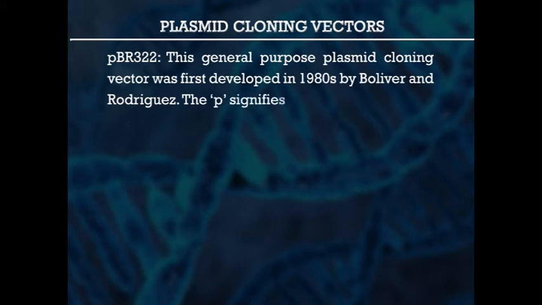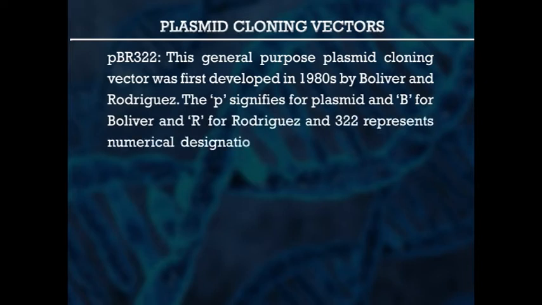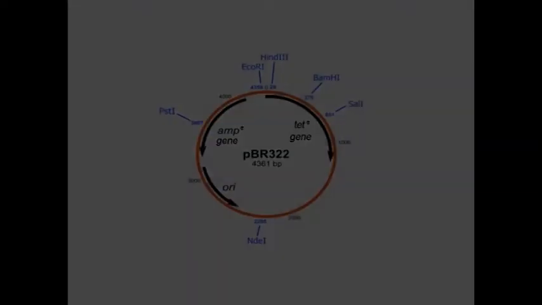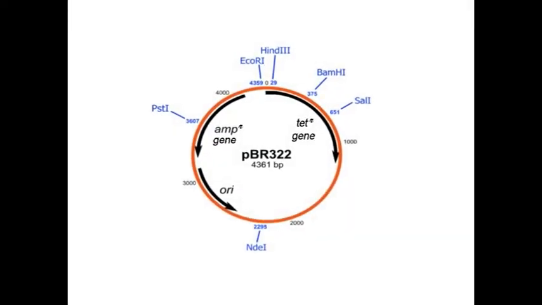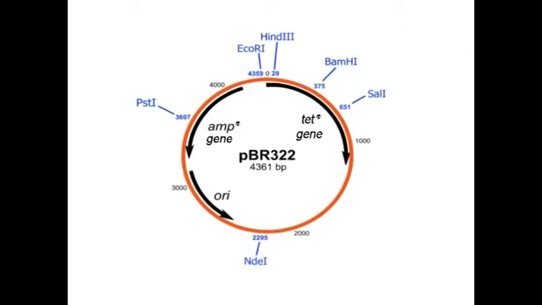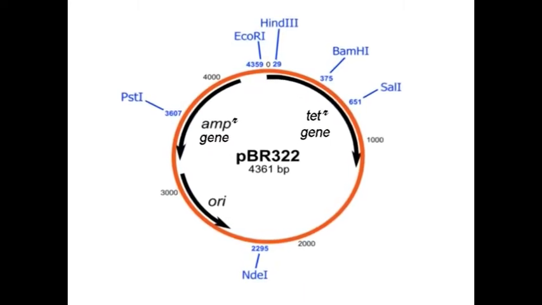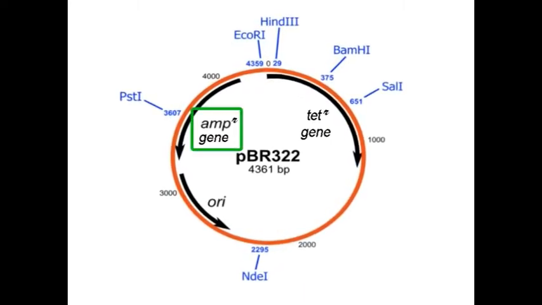The p signifies plasmid, B for Bolivar, and R for Rodriguez, and 322 represents a numerical designation that has relevance to the workers. pBR322 has a size of 4361 base pairs and carries two antibiotic resistance genes. One gene confers resistance to ampicillin and the other to tetracycline.